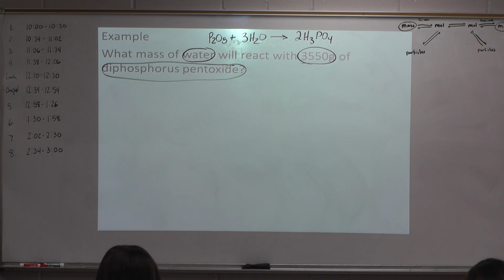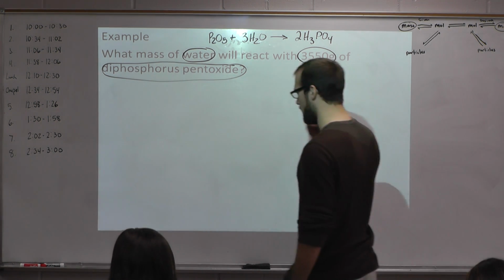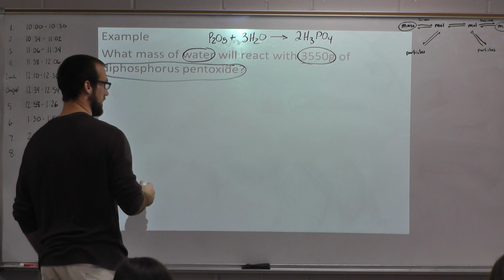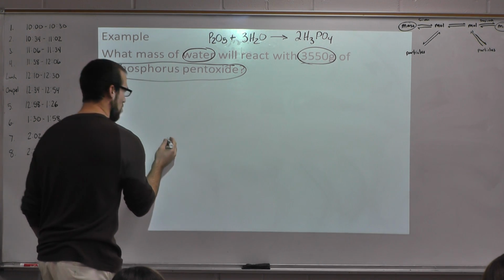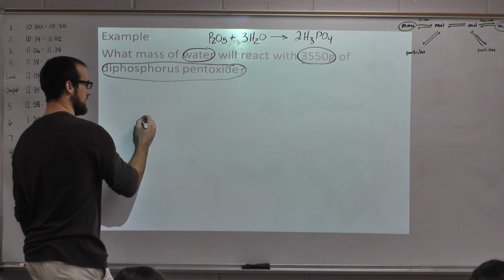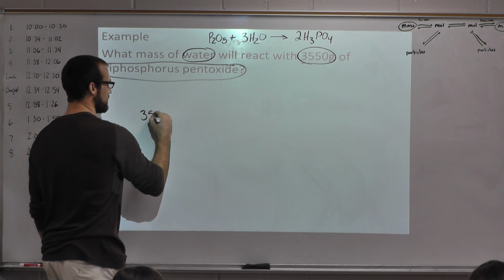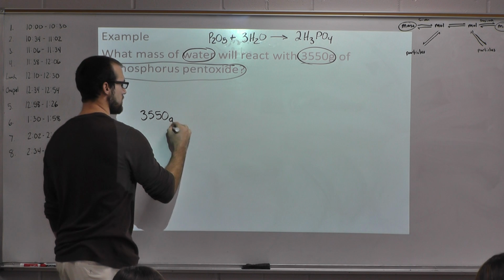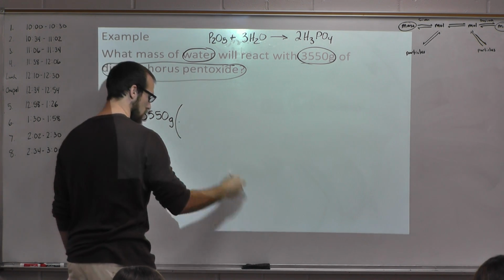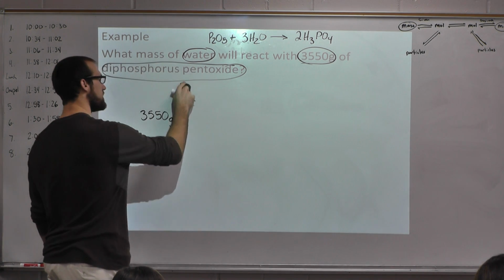So anytime you see mass to mass, you should be thinking three-step problem, molar masses at the bookends, and then your mole ratio in the middle. So here we go, starting with what we've been given.